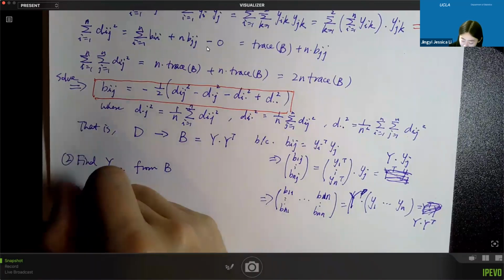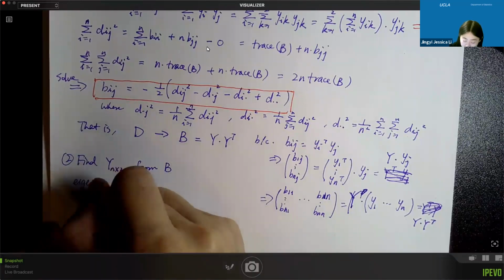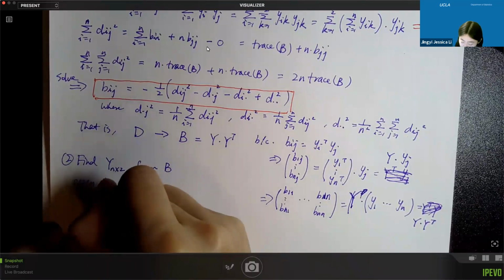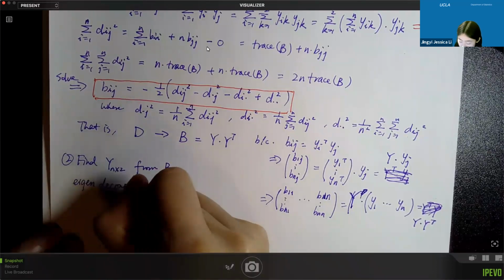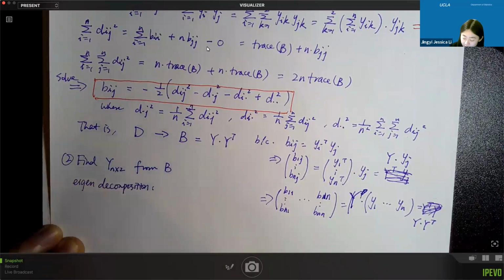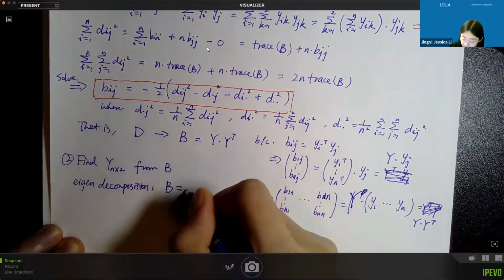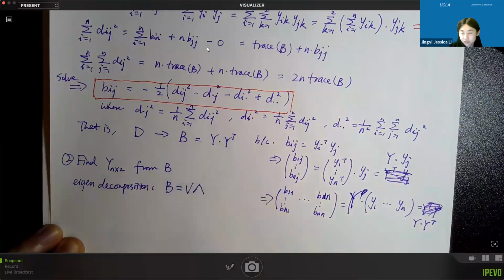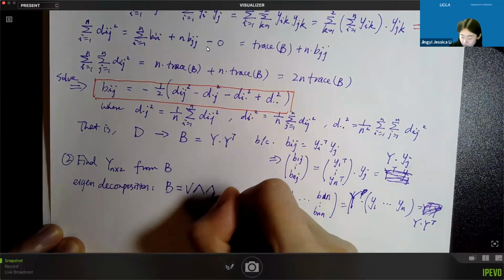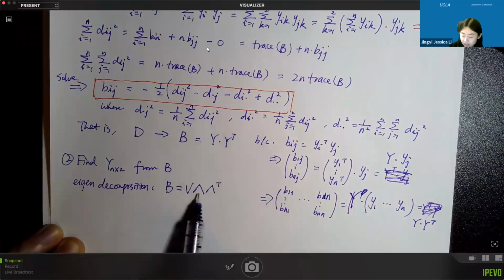By eigen decomposition, we saw this for PCA. We have B equals V times the lambda diagonal matrix times V transpose. V contains eigenvectors. The middle are eigenvalues. Then we can simply take the square root of the diagonal entries of this lambda.